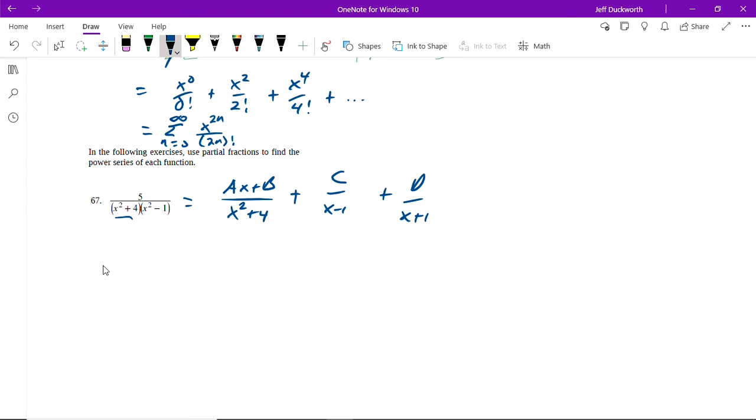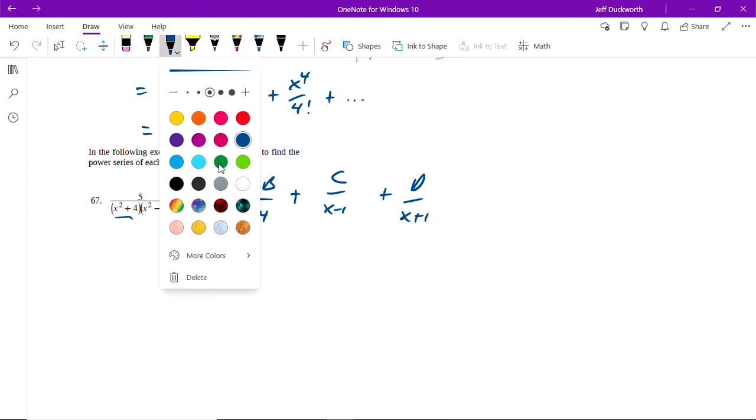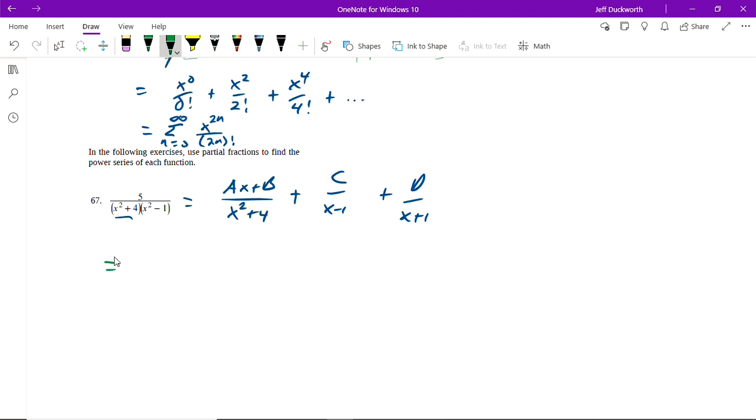Okay, now I'm using the arrow because my first line is going to imply this next one. If I multiply through by the denominator that I've just highlighted, we're going to be left with a 5 on this side of the equation. I put the equals sign there, and then I start canceling out. Cancel out the x squared plus 4.